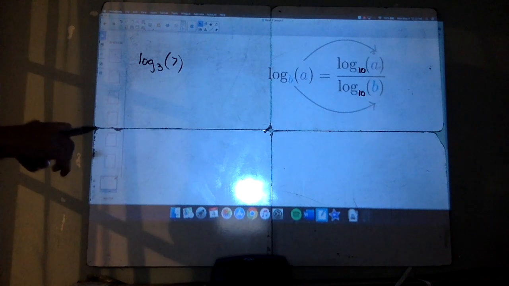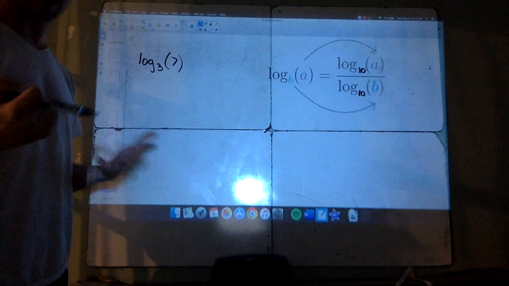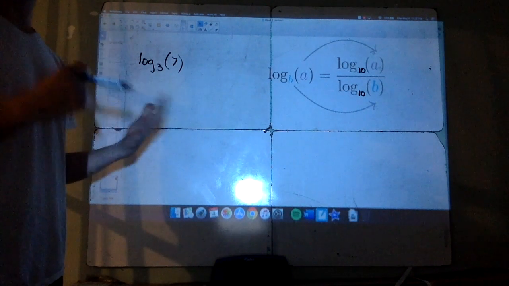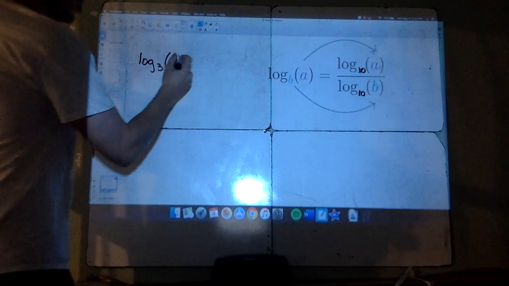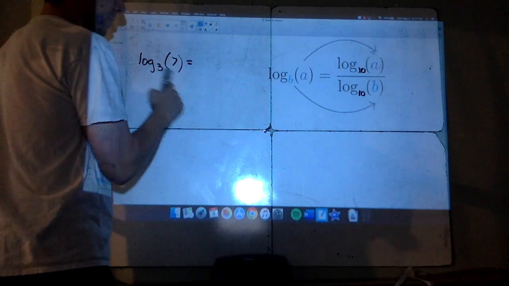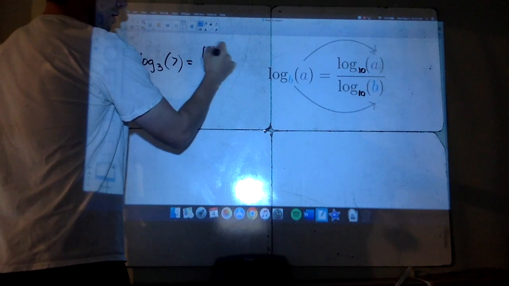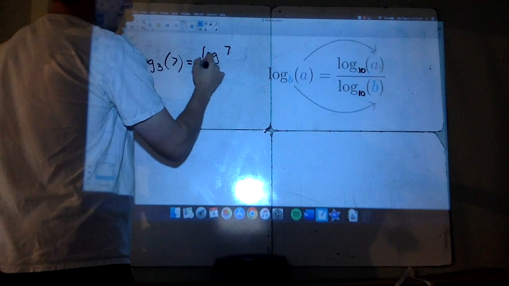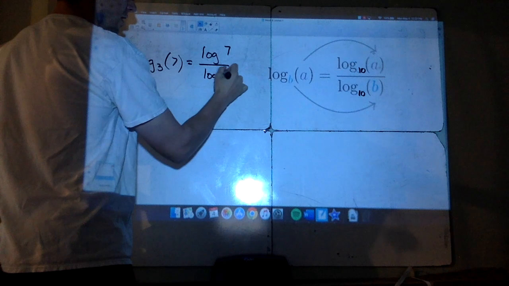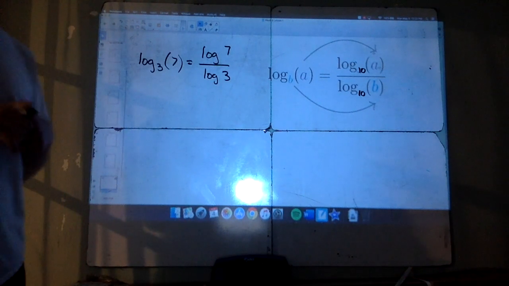And we wanted to get non-exact, right? But we need some decimal approximation. We can change that to log of 7 divided by log of 3. And you can put this in your calculator.